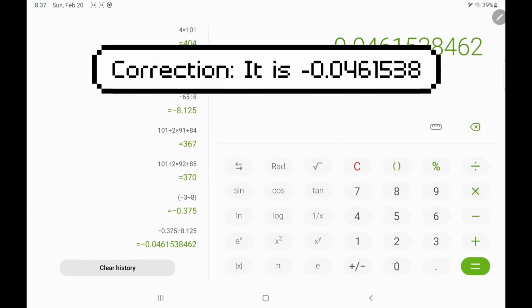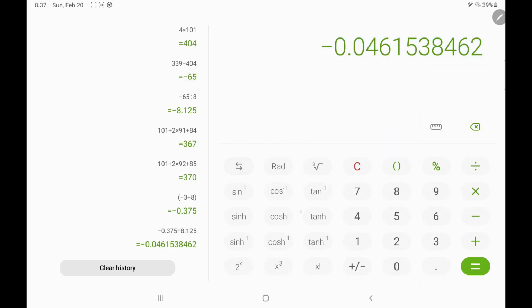Now let's take its arc tangent. I'll select this, copy. Let's go for the arc tangent of this value.